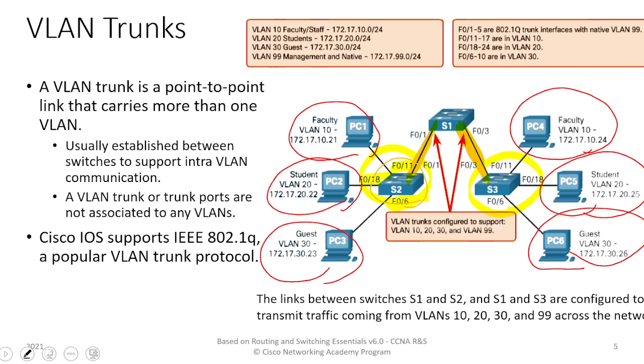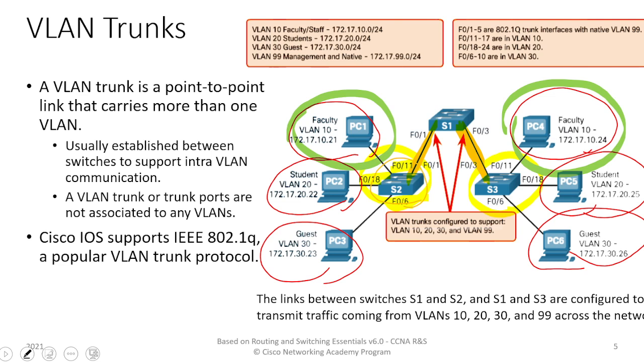So this is important because if we take VLAN 10 for example, we need to have communication between VLAN 10. We need to have broadcast across VLAN 10, that network. We need to have communication between these.